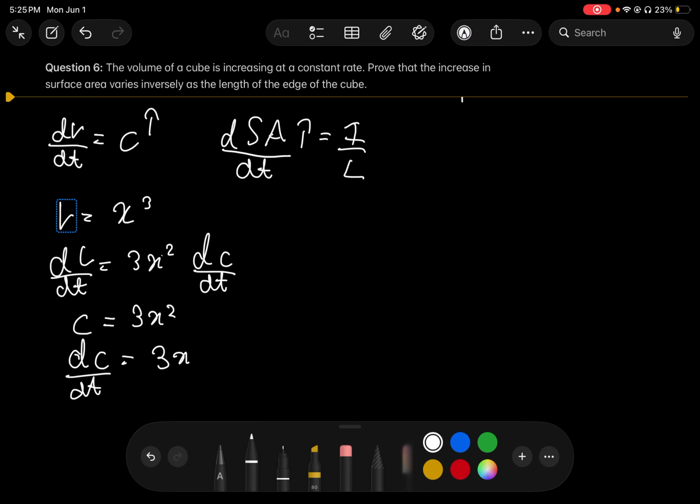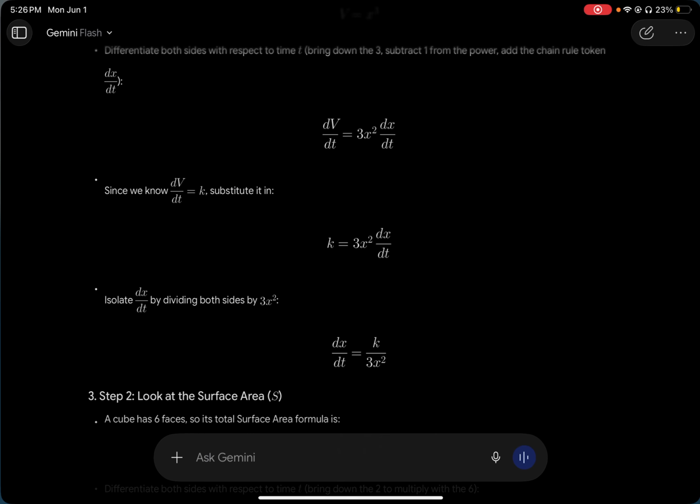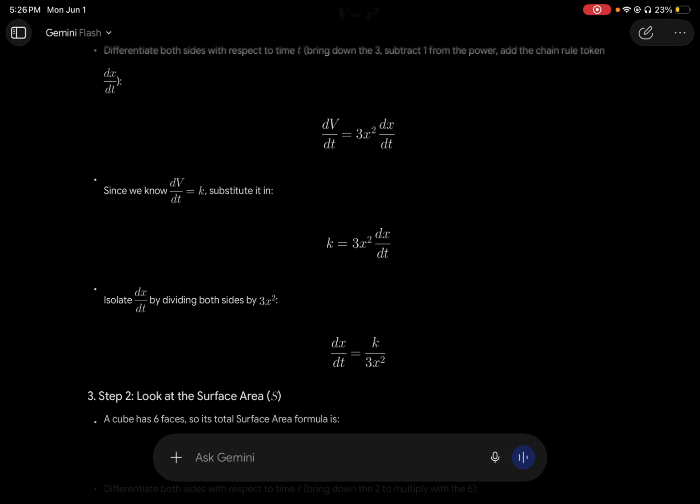Oh wait, but no. Constant would be integrated. No, this would be x dx by dt. dv by dt is c. Put that. Let me just delete this whole line. You know what? So the corner line. And this should be c. Yeah. And then it should be divided by 3x squared, which is dx by dt. Okay. dx by dt is c divided by 3x squared.